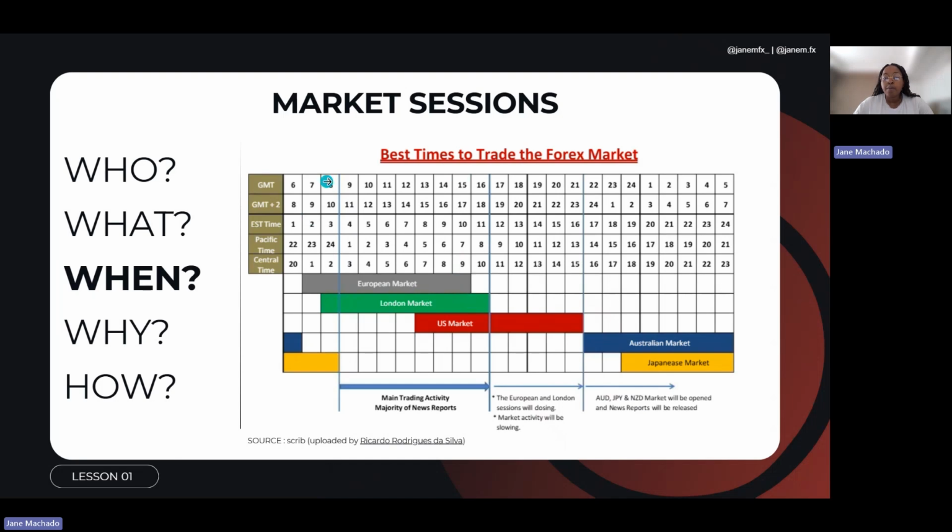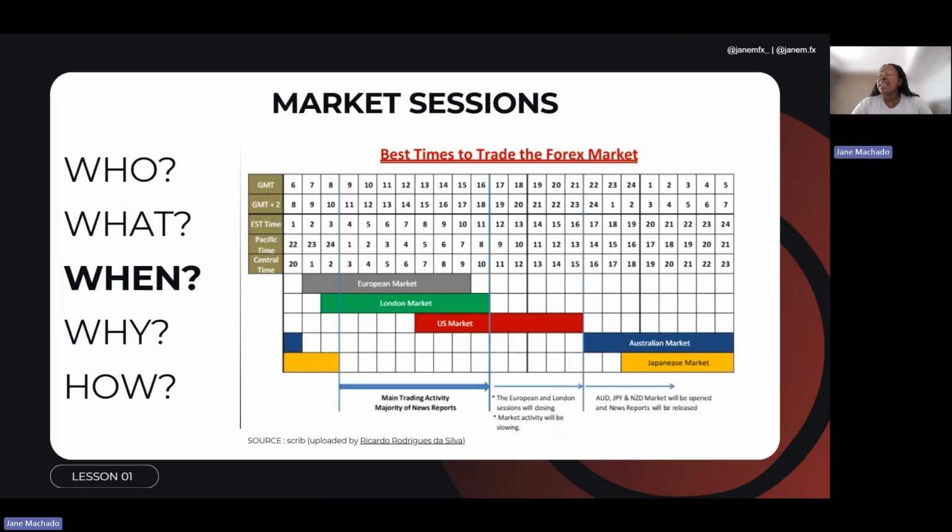But London market opens at 8 a.m. and closes at 4 p.m. So you need to know, according to your GMT time zone, what is the time that this market will open and what is the time that it will close. Okay, I am living in Dubai. I operate the Asian market by choice because I like it, because I prefer it, because it's the one that works for me.